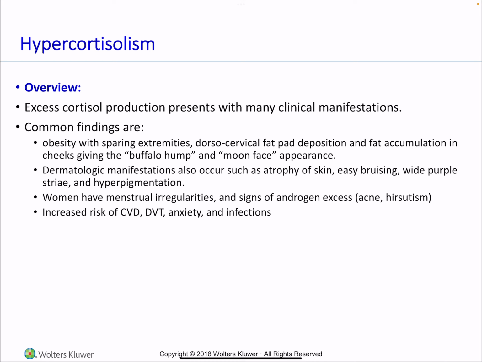These patients with hypercortisolism are at increased risk for cardiovascular disease, DVTs, deep vein thrombosis, anxiety, and also very vulnerable to certain infections.